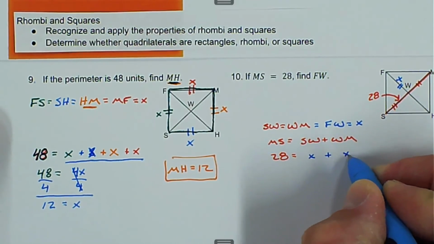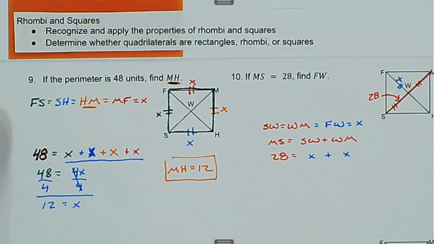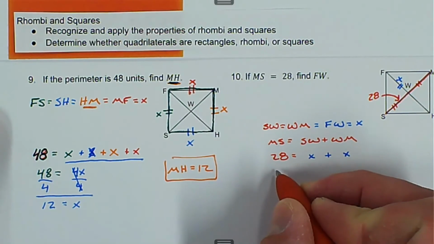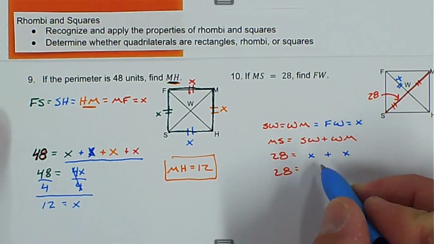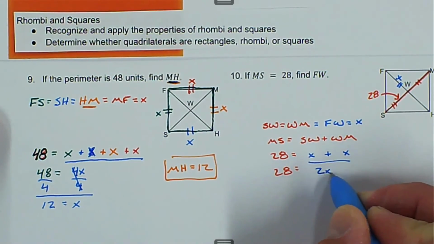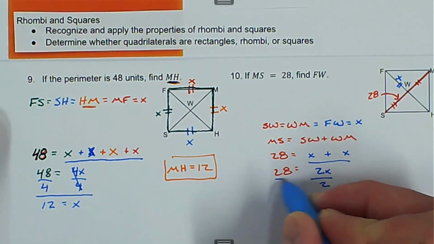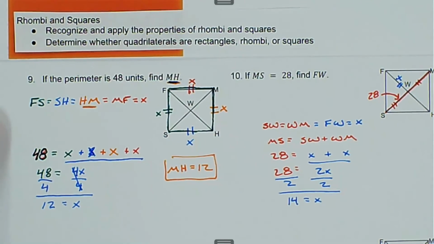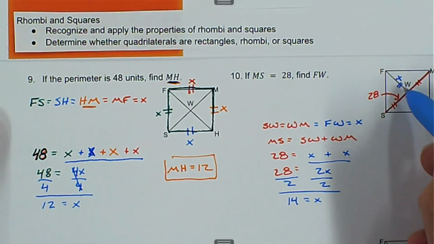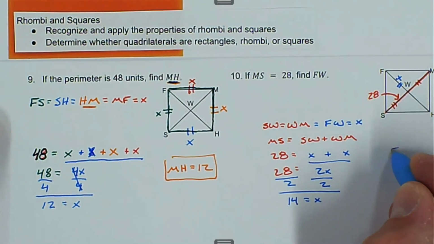So X plus X. We have 28. On the right side, we have X plus X, which is 2X. So we can divide both sides by 2, and we get 14 is equal to X, which the value of X is also the value for FW. So FW is equal to 14.